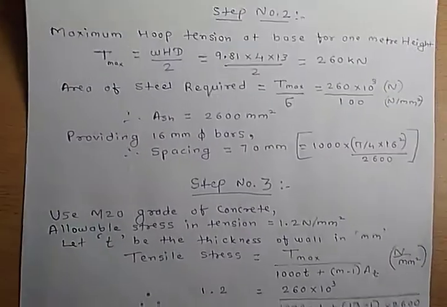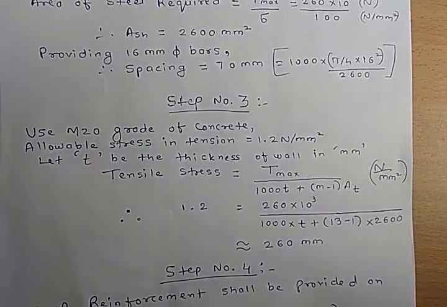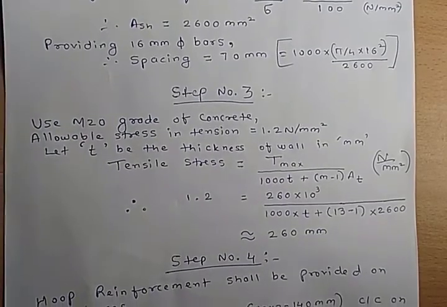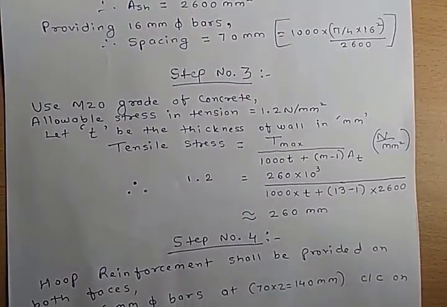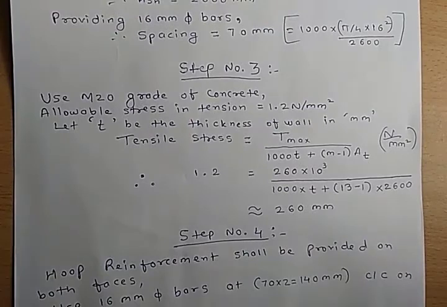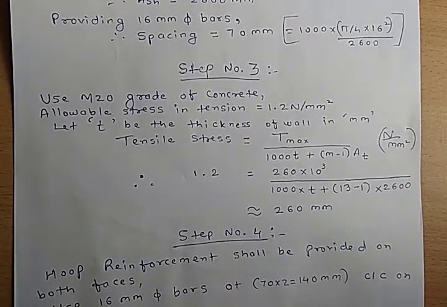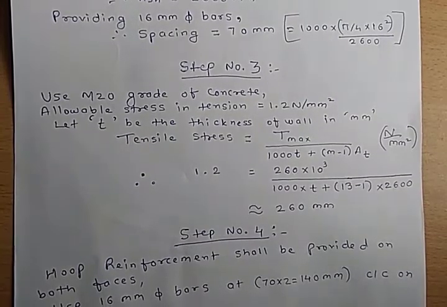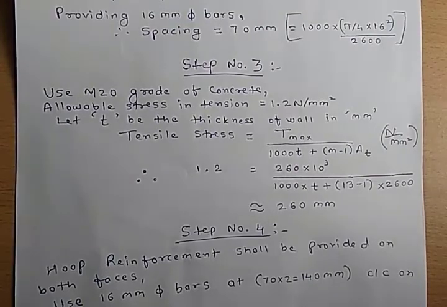And then next we need to calculate the thickness. How to get the thickness? If we are using the M20 grade of concrete, the allowable stress in tension is 1.2 Newton per mm square. How we'll get it? You can just go through my earlier videos.